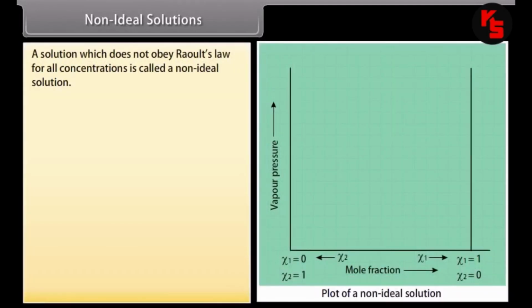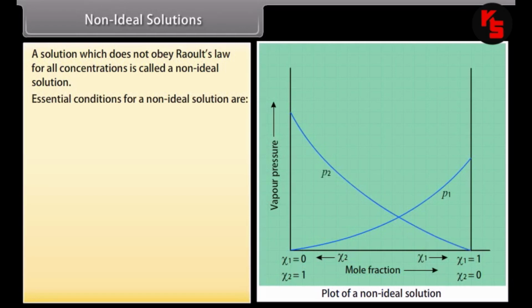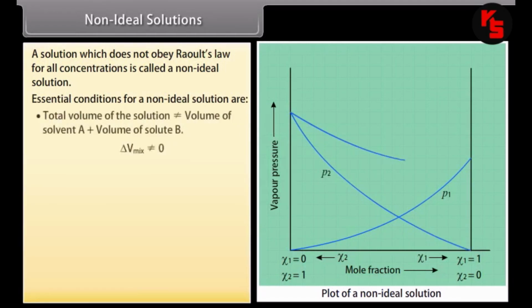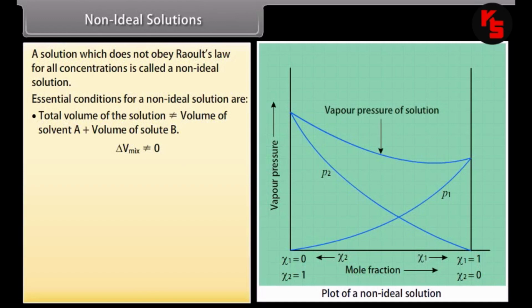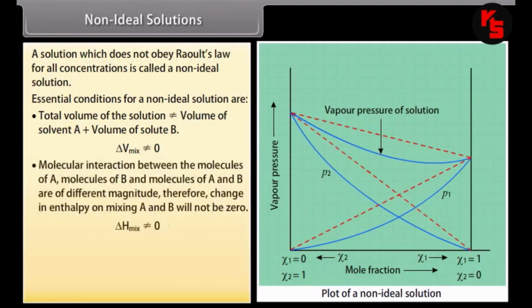Non-ideal solutions. A solution which does not obey Raoult's law for all concentrations is called a non-ideal solution. Essential conditions for a non-ideal solution are: total volume of the solution should not be equal to volume of solvent A plus volume of solute B. Molecular interaction between the molecules of A, molecules of B, and molecules of A and B are of different magnitude.